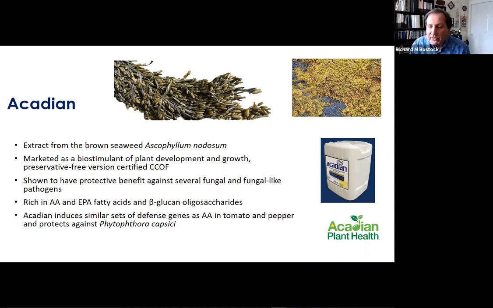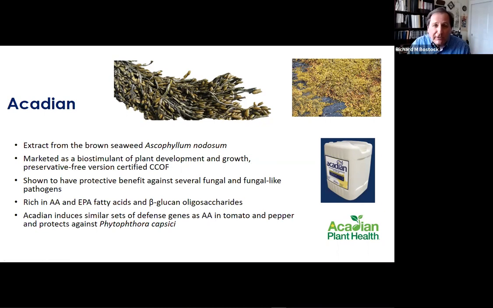What really got us interested is they're very rich in these fish oil fatty acids, arachidonic acid and icosapentaenoic acid. You've seen the EPA on commercials for cardiovascular health and so on. Anyway, the seaweed is a rich source of these, as well as certain carbohydrates called beta-glucan oligosaccharides.